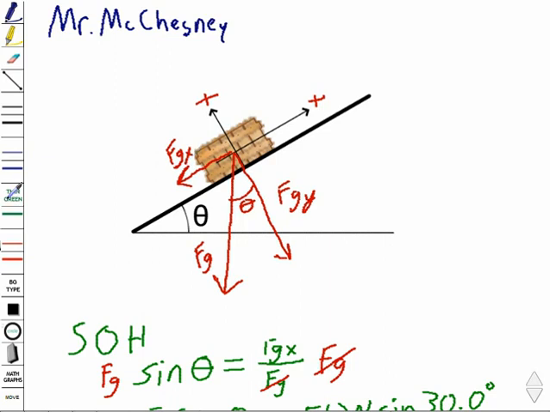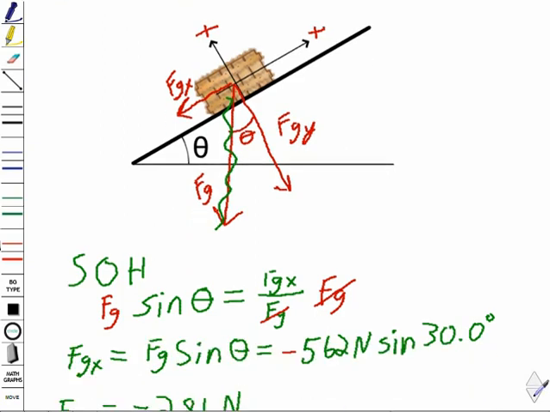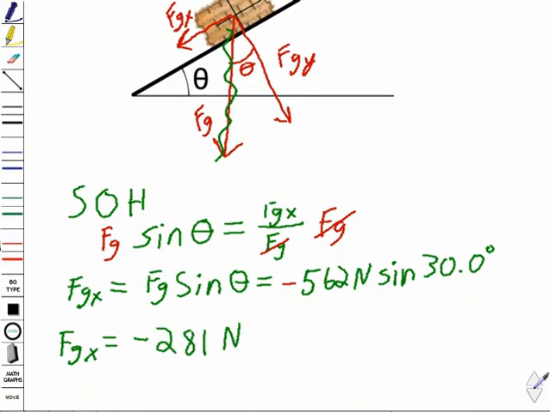Alright, so once I've resolved my vector, a way to keep track of things is then to cross out the weight vector, because I'm no longer using that. I'm using the component parts. And what we've got there is how to resolve your vector into component parts so that you can later solve different problems.